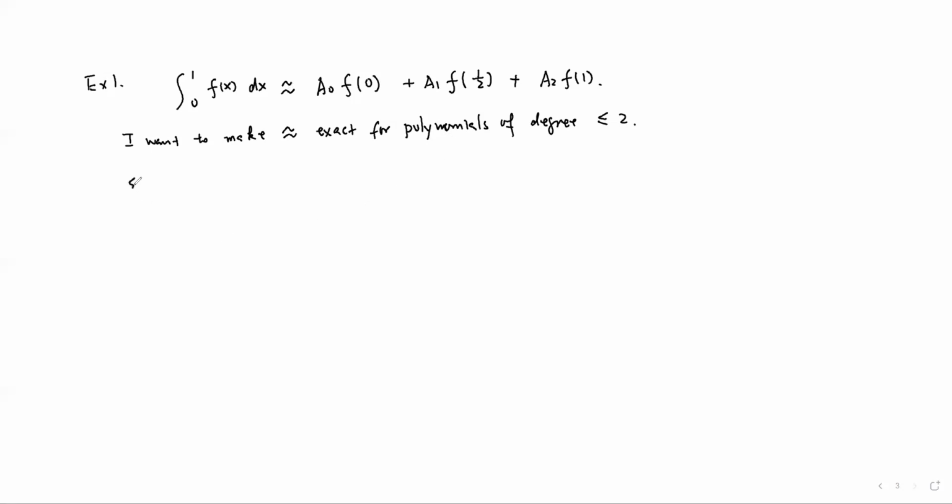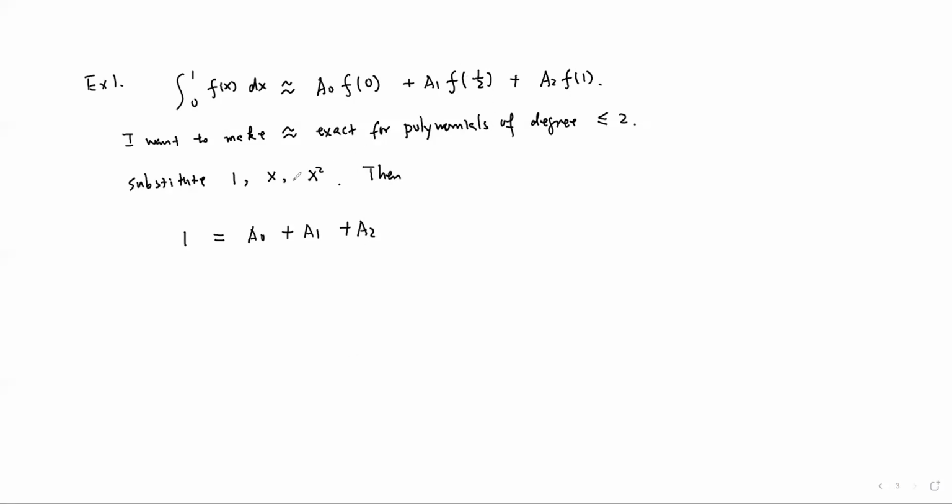Substitute the basis polynomials 1, x, x squared. Plug in 1 in f: the integral from 0 to 1 of 1 is equal to 1. The approximation is exact, so with f equal to 1 we get A0 plus A1 plus A2. First equation.